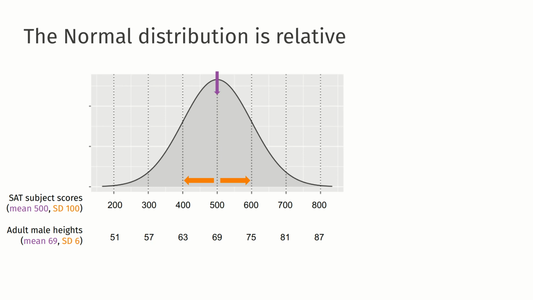The point here is that both SAT subject scores and adult male heights can be described as being distributed in a kind of normal or bell-shaped way, but what accounts for the difference between them is that they have different means and different standard deviations. That's what gets you from just having a shape to actually describing a distribution of a real range of observed values.